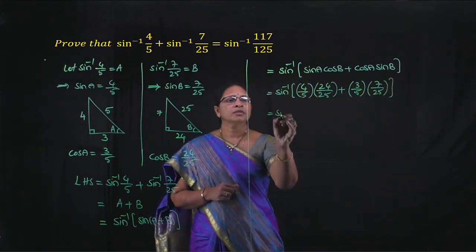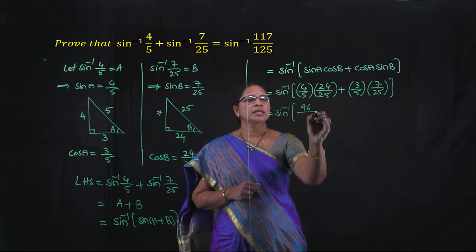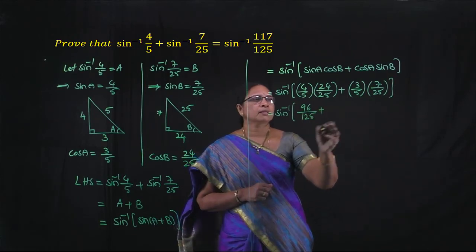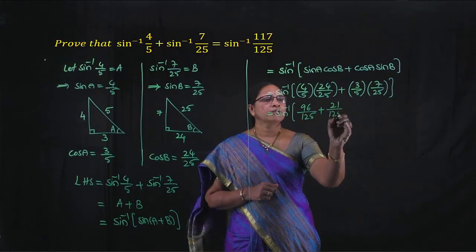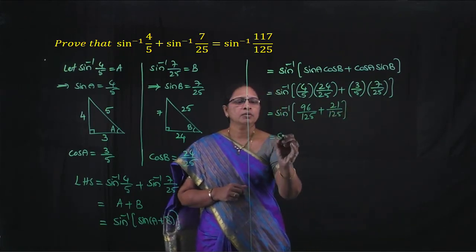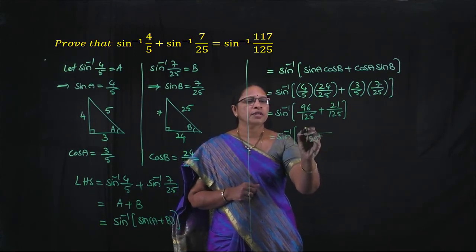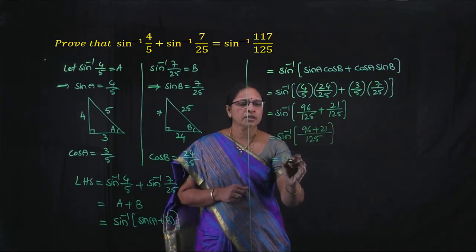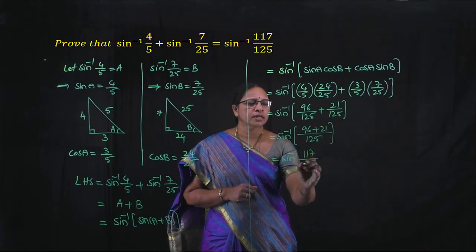That equals sine inverse of 4 into 24, that is 96 by 5 into 25, 125, plus 3 into 7, that is 21 by 125. Taking LCM, which is 125, 96 plus 21 is 117. That equals sine inverse of 117 by 125, that is RHS.